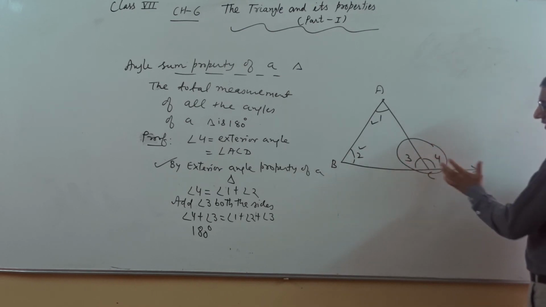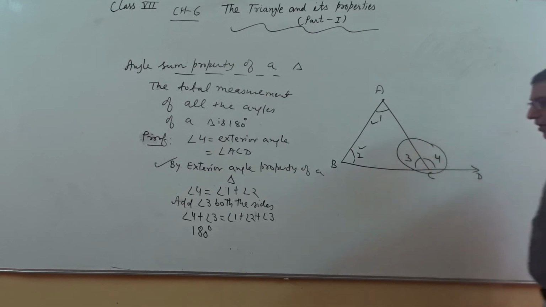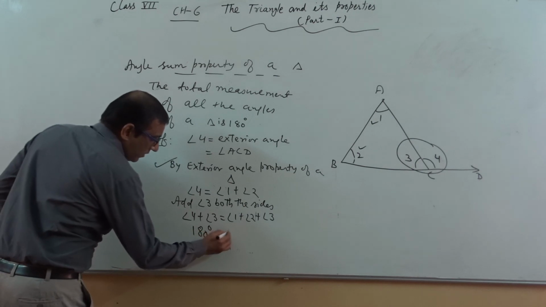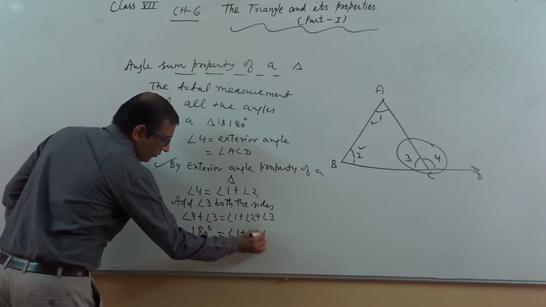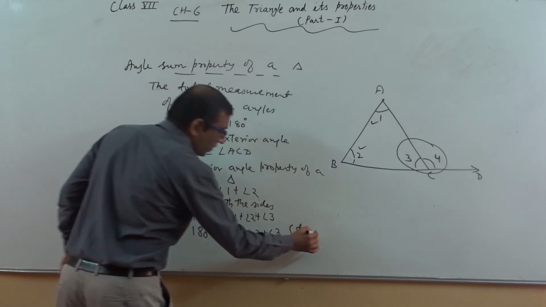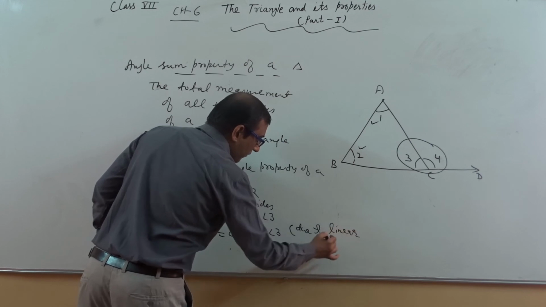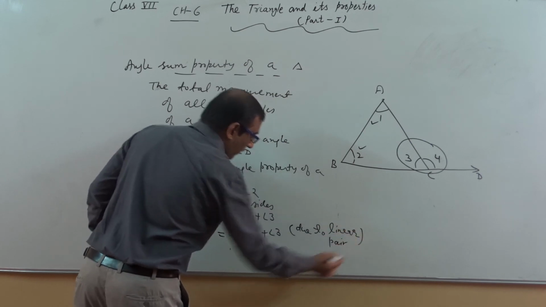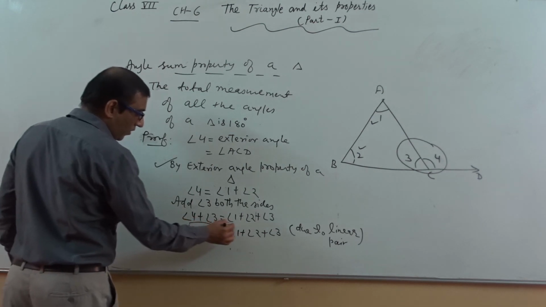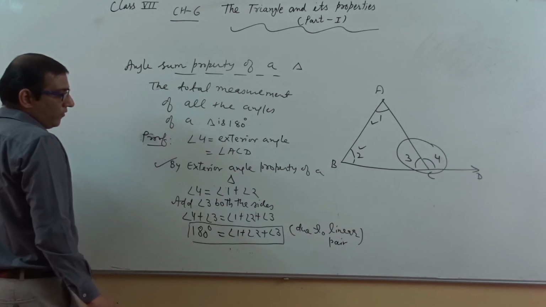As per the concept of adjacent angles, the sum of these two angles is equivalent to 180 degree, and here we will write due to linear pair. Due to linear pair, the sum of angle 3 and 4 is 180 degree. That's why the sum of all the angles of a triangle is equivalent to 180 degree.